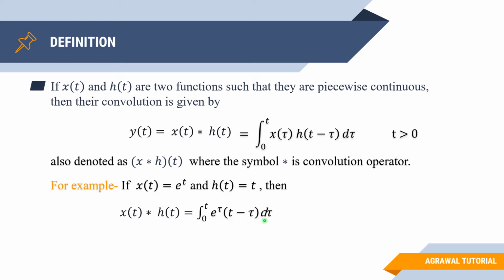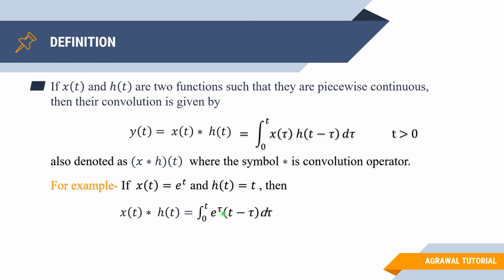Please note here that we have replaced the original parameter t by tau, and so the t which is now in the integration does not represent the time domain. So we get e raised to the power t replaced by e raised to the power tau.